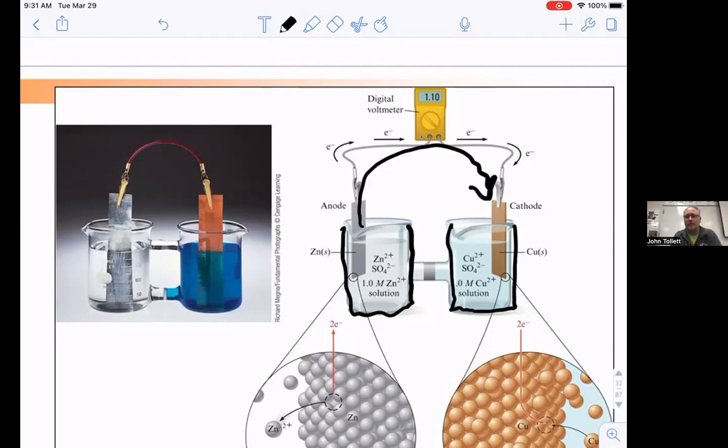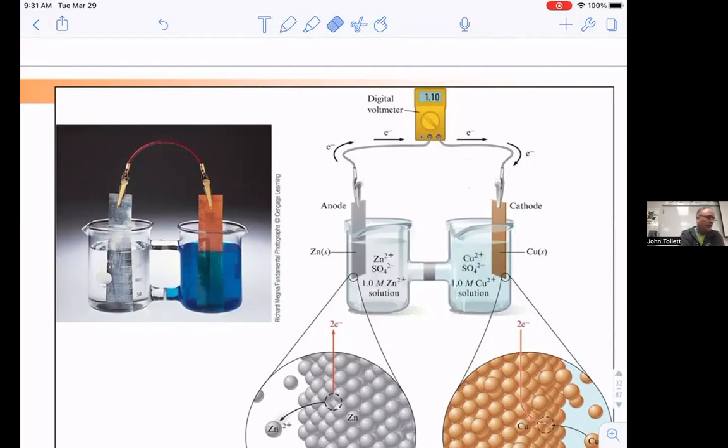If you were to set this up and try to figure out which way the electrons are going to flow, they're always going to flow in the way that gives you a positive cell potential, and we'll do those calculations in a moment. In this particular case, it would give you 1.10 volts, which is up there on the little cartoon voltmeter at the top.